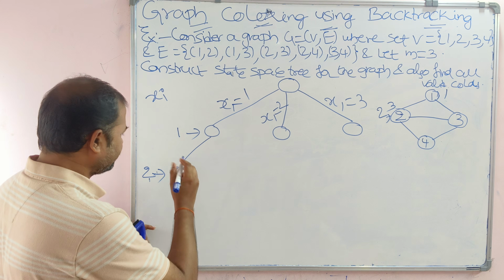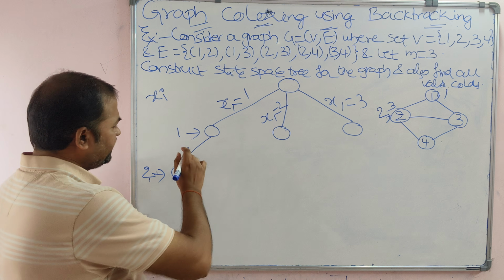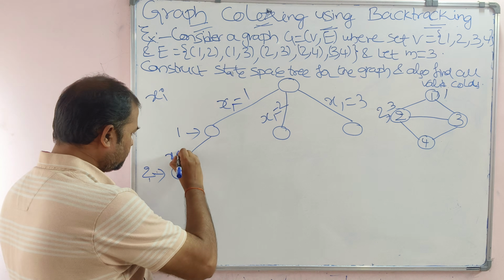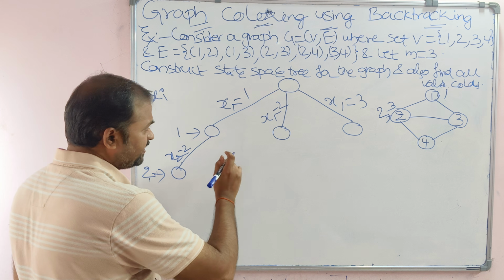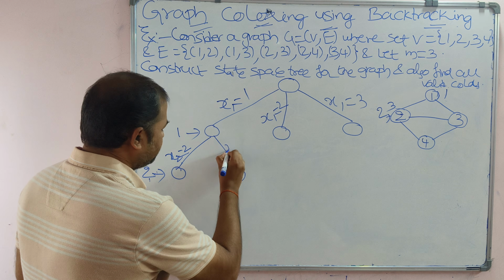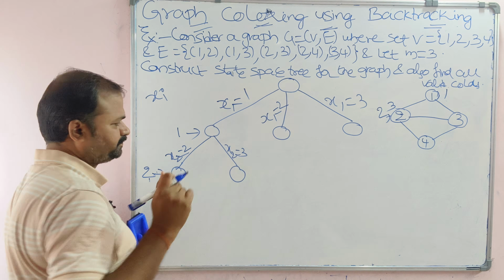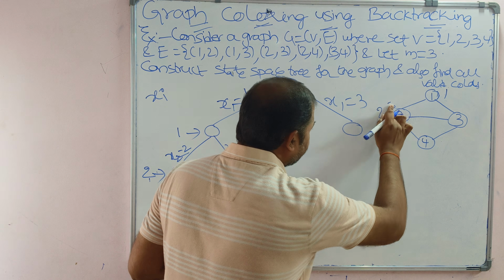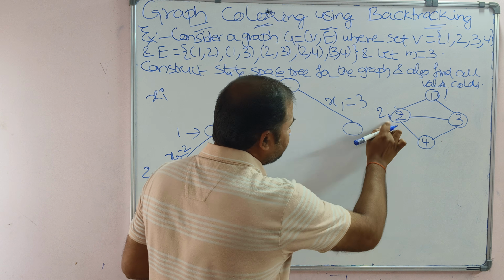The solution vector for the second vertex is x2. What is x2? It may be either second color or third color, x2 equal to 3. Okay. Let us assume the second vertex is colored with the second color.